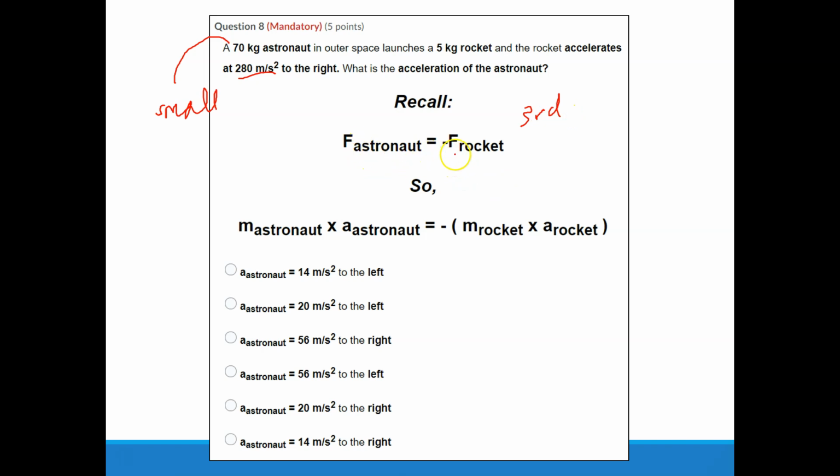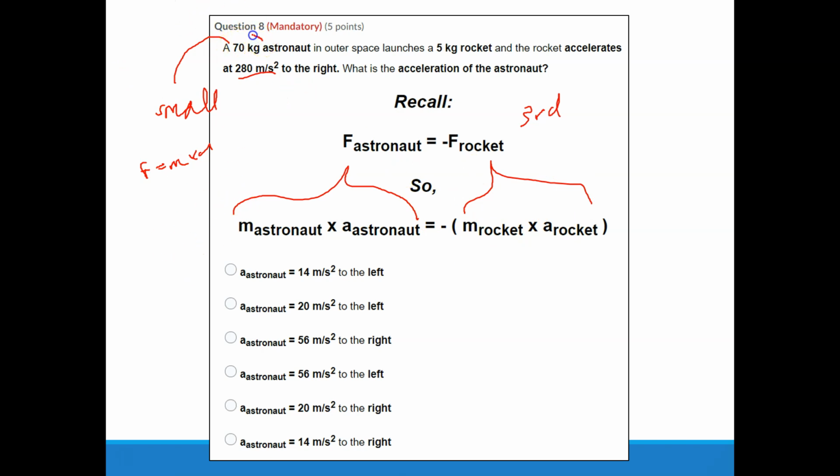So the force of the astronaut is the negative force of the rocket, but they are equal to each other. And remember that we learned about the equation for force already, which is F equals ma, mass times acceleration. So you can see here that we actually just plugged in that equation. So force is also the mass of the astronaut times the acceleration. And over here, force of the rocket is also just the mass of the rocket times the acceleration of the rocket.